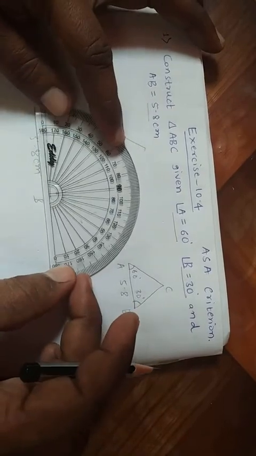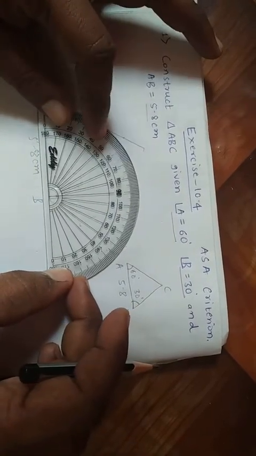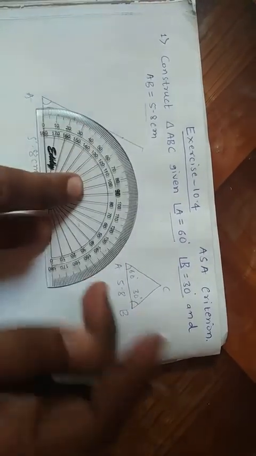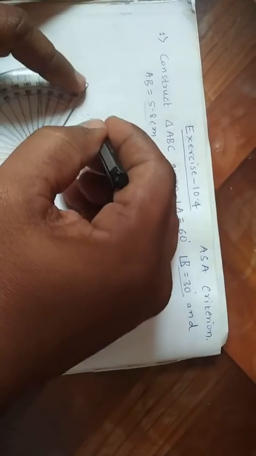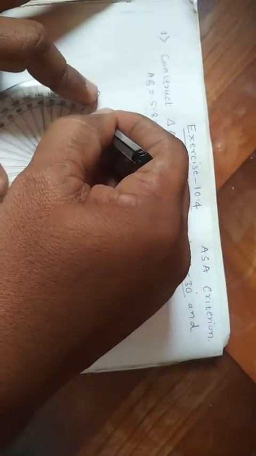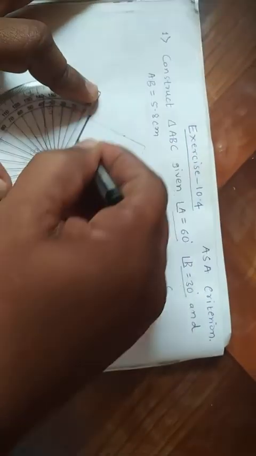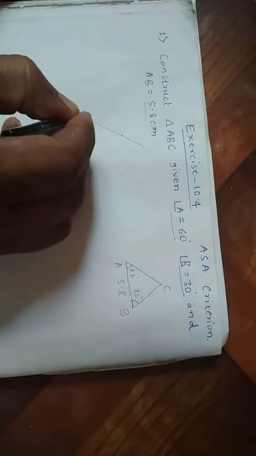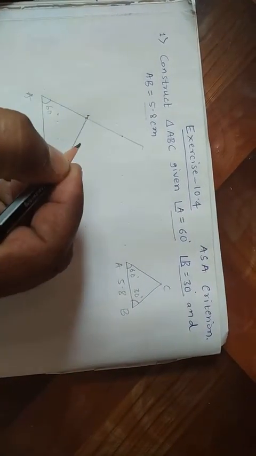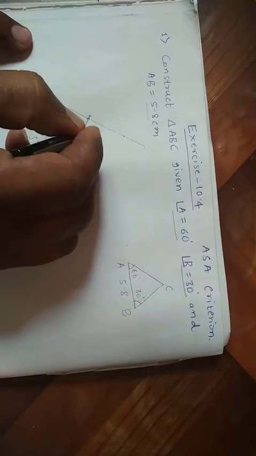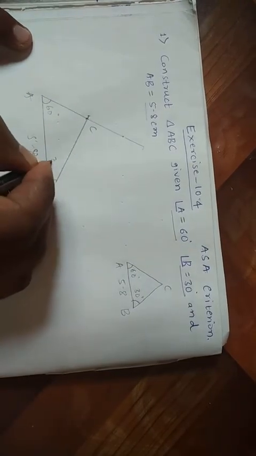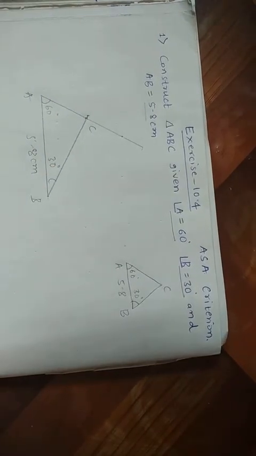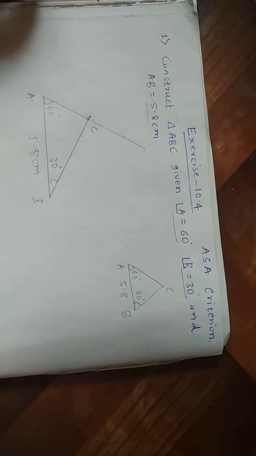It is 30 degree. So here we have to count from here. 30 comes here. Join both these points. So here, students, we got one new point. Name that point as C. So this is the required construction for the given measurements.